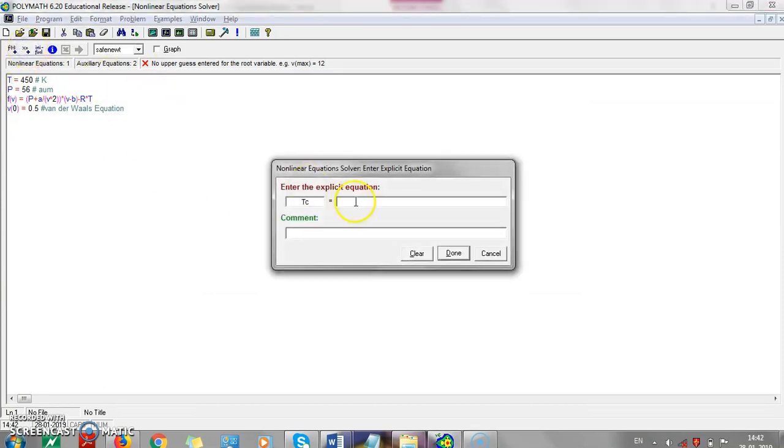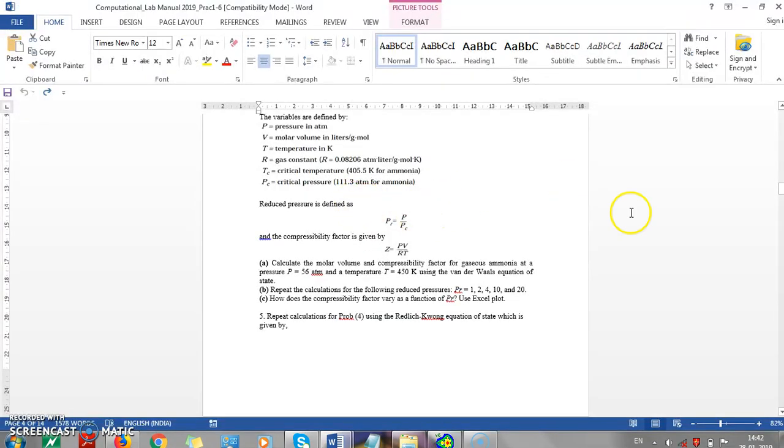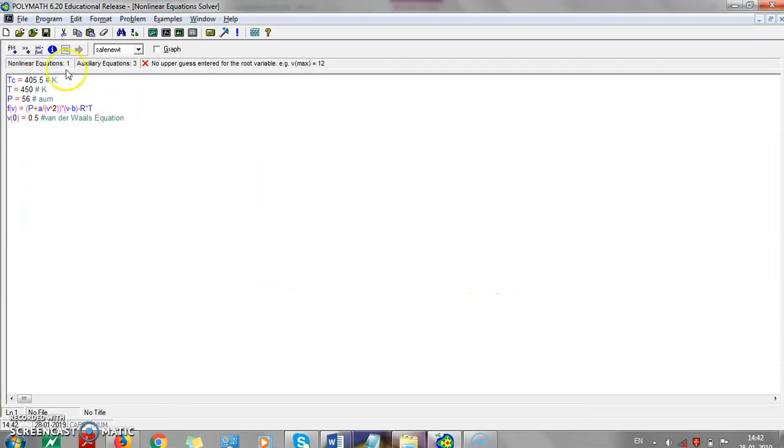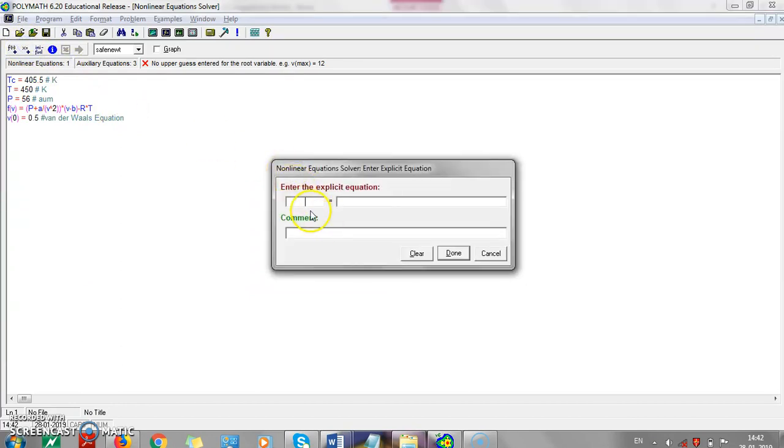So we may add TC. TC is 405.5 Kelvin. PC is 111.3 atmosphere.